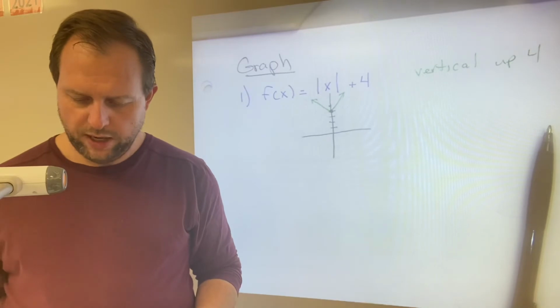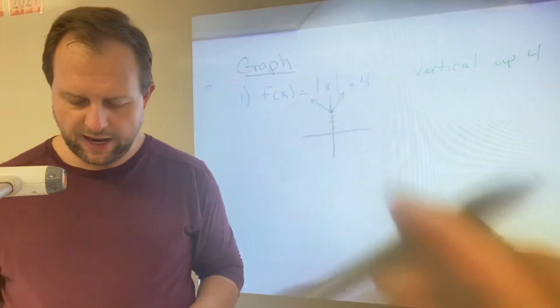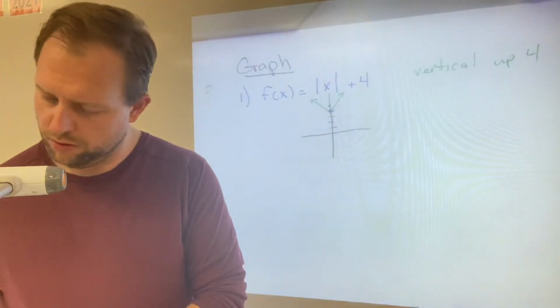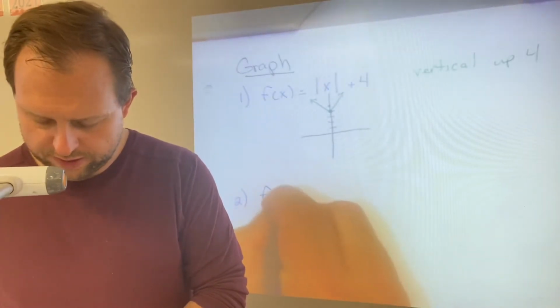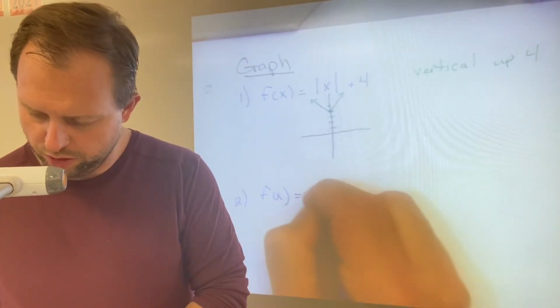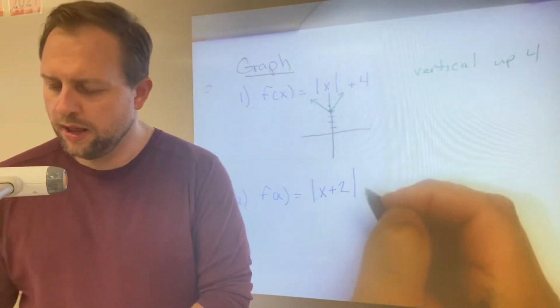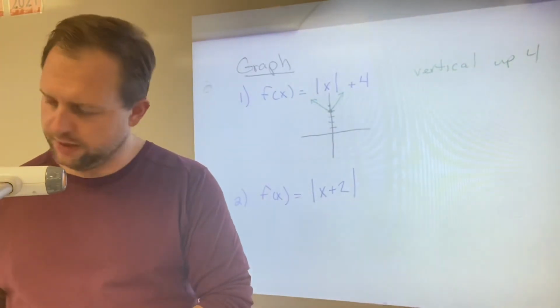If we put the plus inside of it, so if we have for number 2, f of x is equal to the absolute value of x plus 2, then that's going to change us in the left to right.